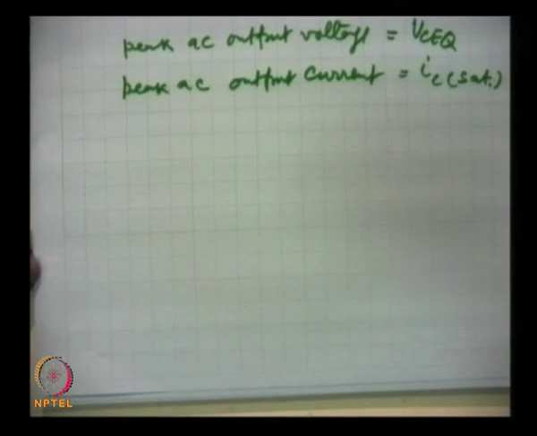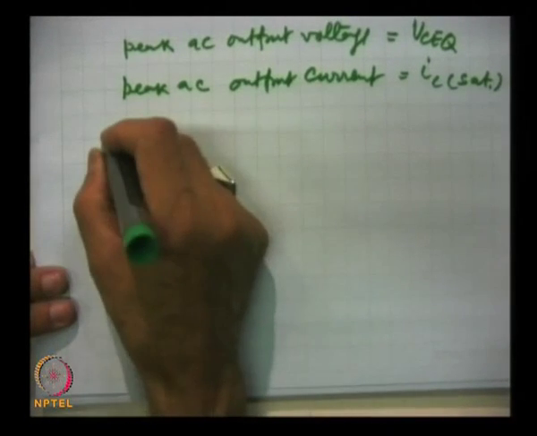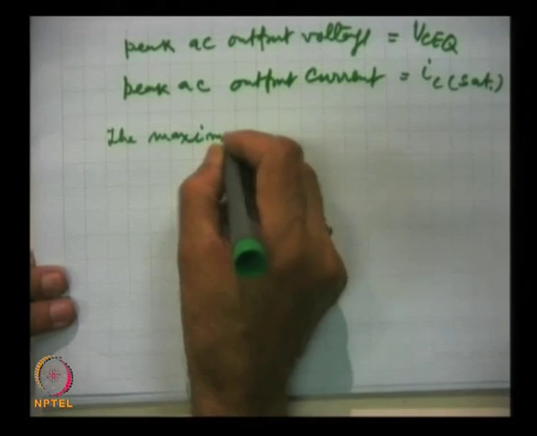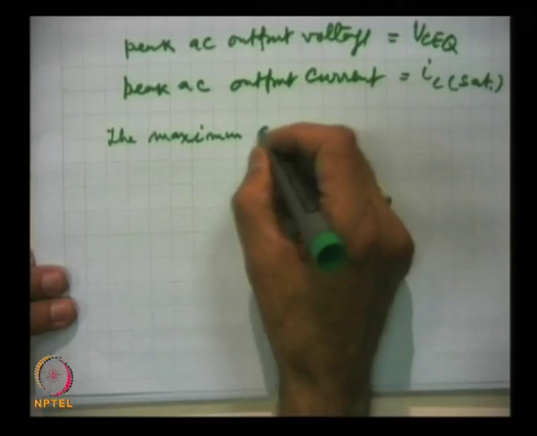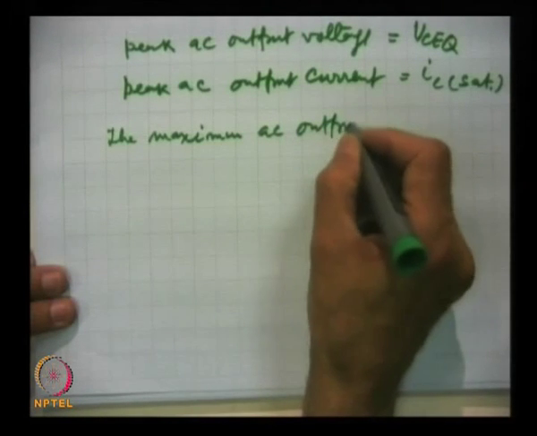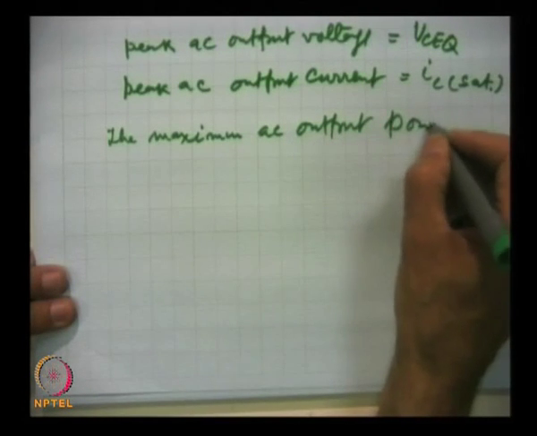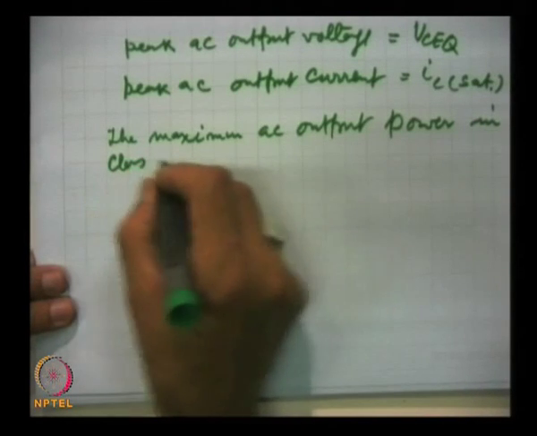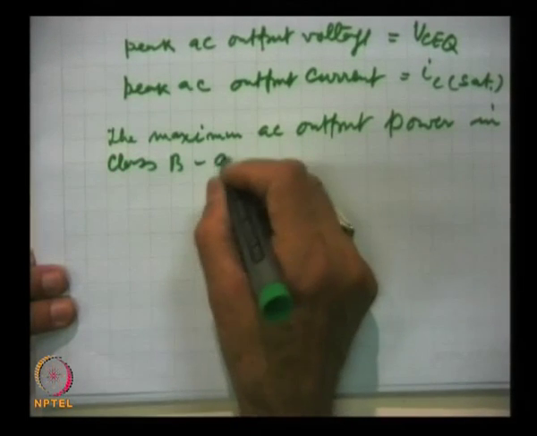Then the maximum AC output power in a class B amplifier will be as follows.